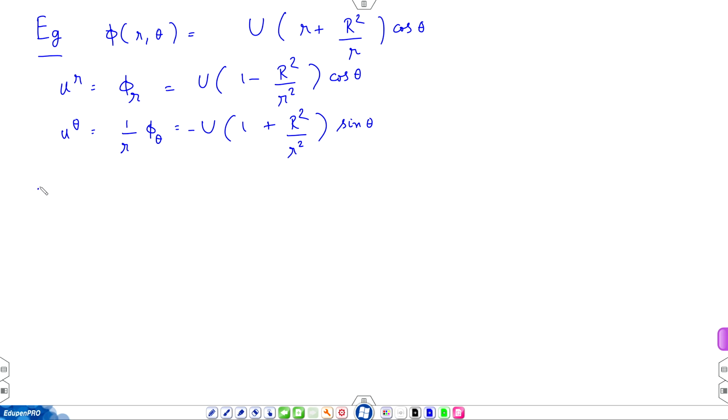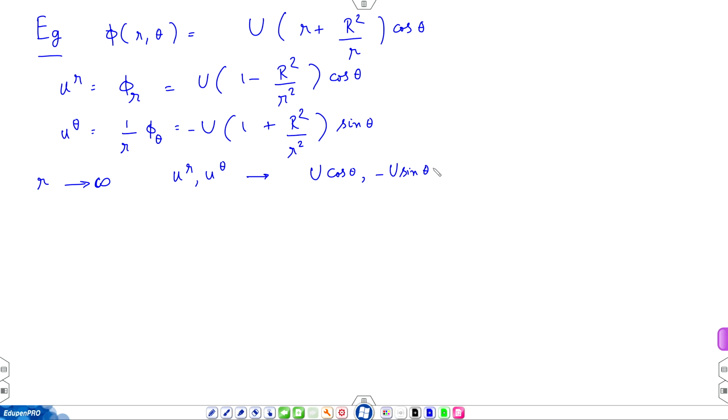Here r is the position from the origin. As r approaches infinity, u r and u theta will approach U cos theta and minus U sin theta, respectively, which is uniform flow.